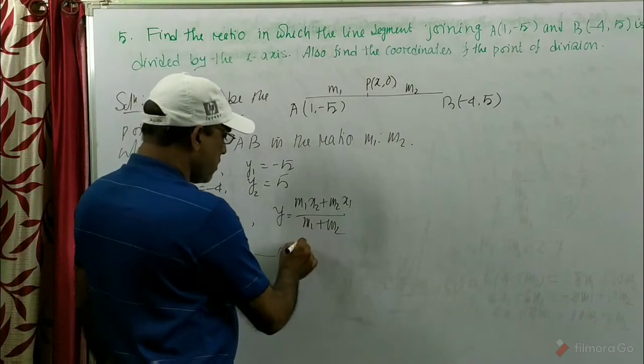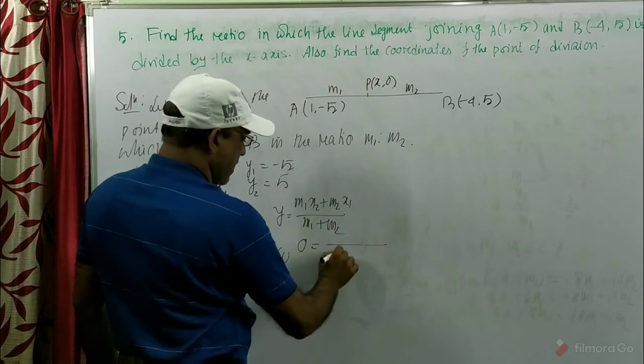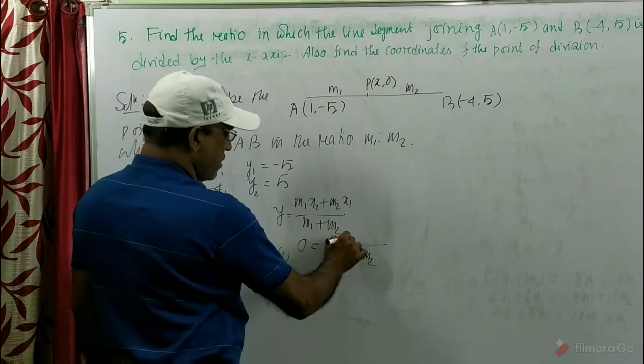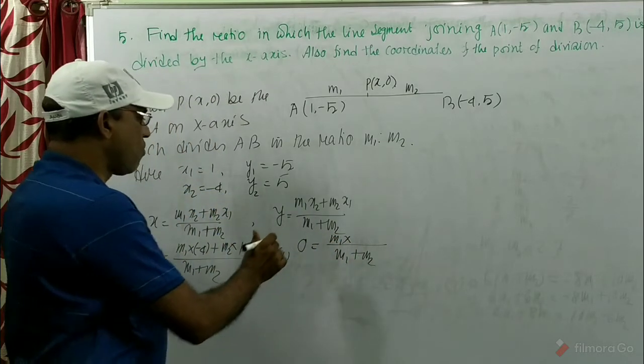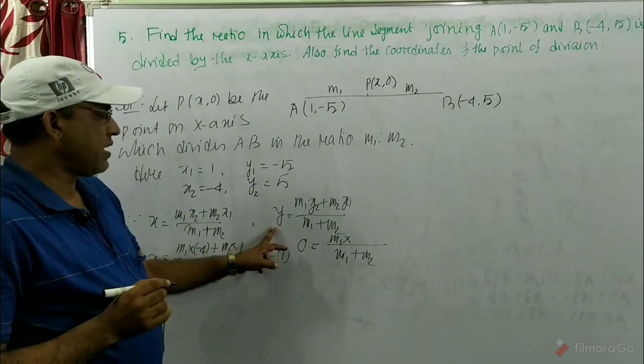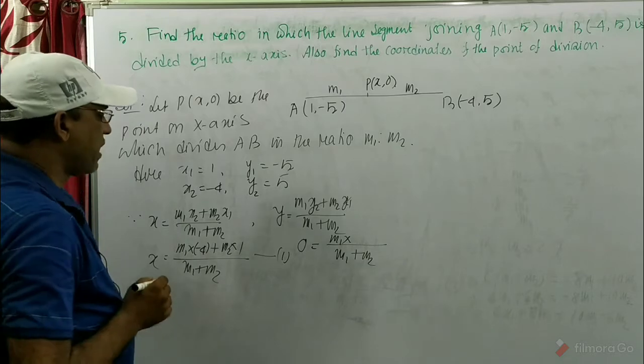Again, y is 0 given, and this is m1 plus m2, and m1 into y2, because both are y, not x. When it is y, then all of these are y. When x, all of these are x.